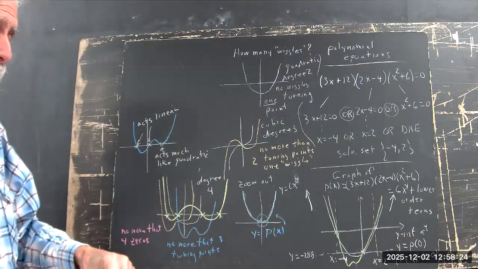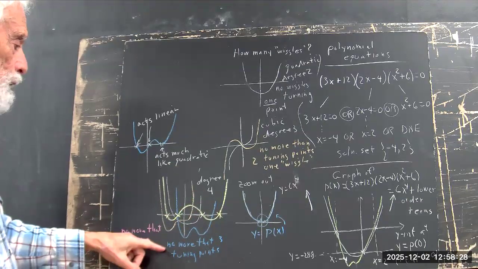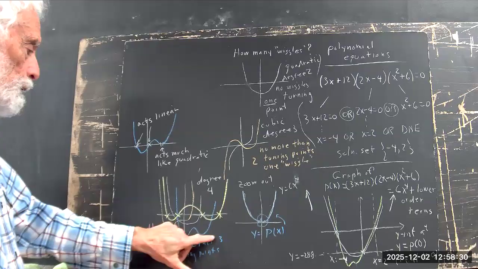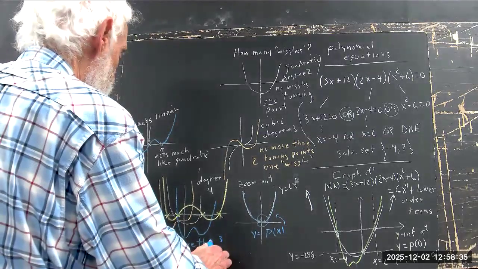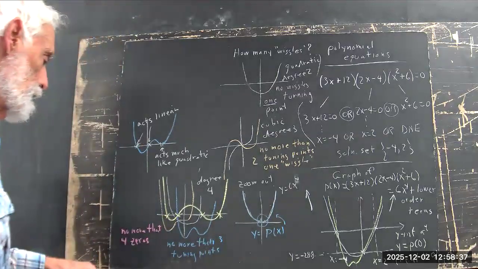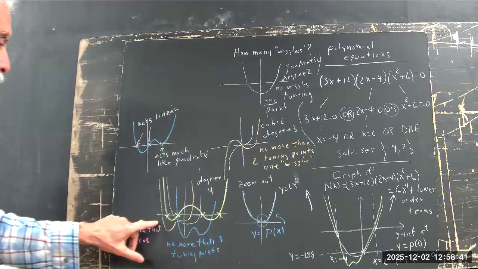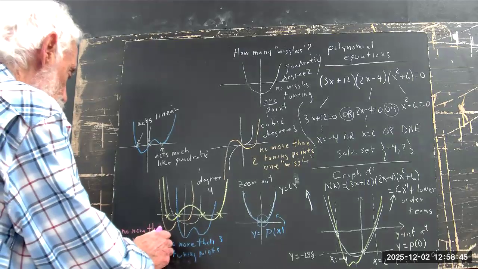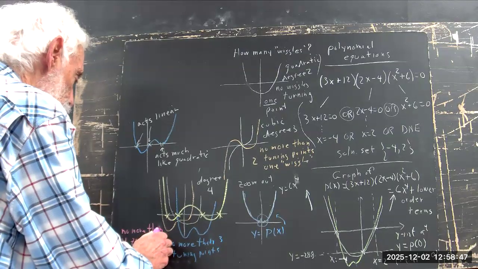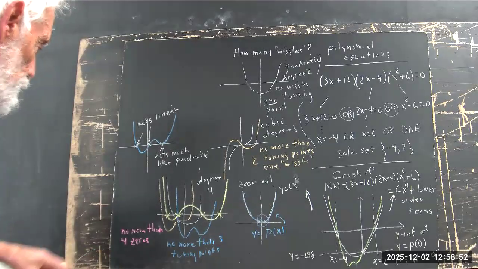So I say for degree 4, you have no more than 3 turning points, and the word is than, not that. No more than 3 turning points, no more than 4 zeros. I keep writing that when I mean than. Eventually I'll be talking Icelandic or something.